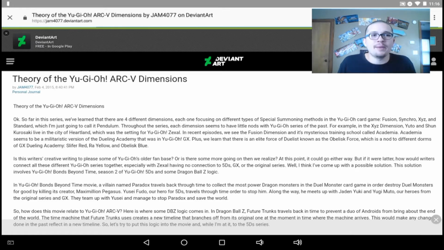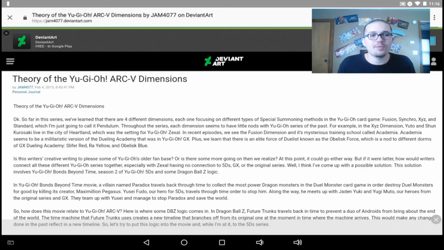Either way, Synchros never come into being, and this splits into two different timelines. In one timeline, fusions just stay the dominant summoning mechanic, thus leading to the fusion dimension. In the alternate timeline, instead of creating Synchro monsters, Xyz monsters are created in their place. This then leads to the Xyz timeline. And now here we are at this point where we now have all four of the timelines, or alternate dimensions, whatever you want to call it.